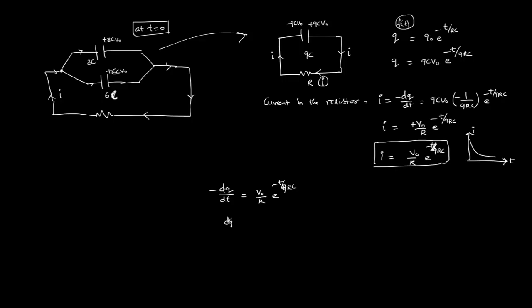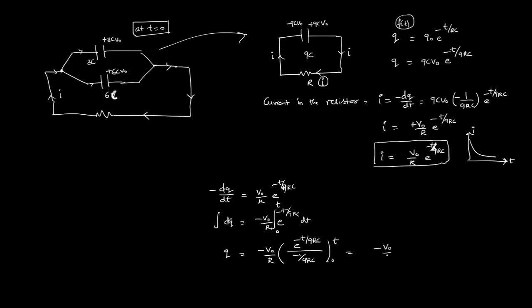Then dq can be written as minus V0 by R, e power minus t by 9RC dt. Now integrate, 0 to t will be the time integration. Then the charge flown through the resistor is equal to V0 by R, which comes out as a constant, and the integration of e power minus t by 9RC is e power minus t by 9RC divided by minus 1 by 9RC, from 0 to t.